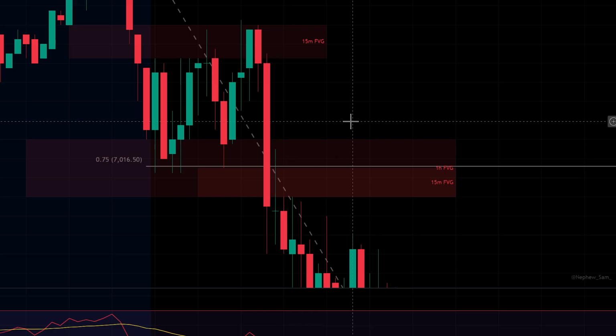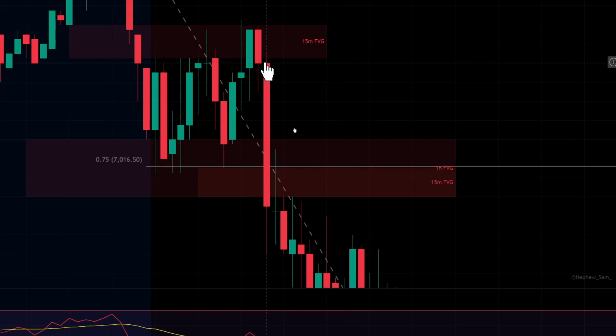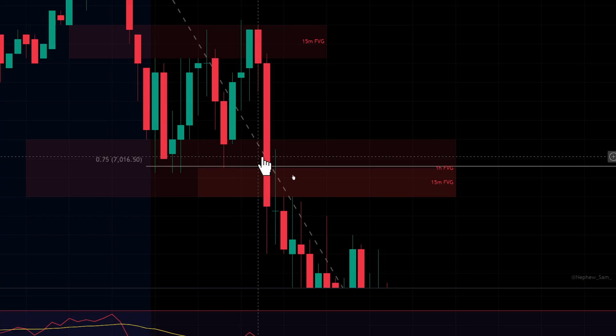And that was coined by Michael Huddleston when he created ICT. What this means is that this middle candle, this big ass candle, moved so fast that there were people that wanted to go short here, but they missed their chance because the candle moved so fast that their limit orders did not get filled.